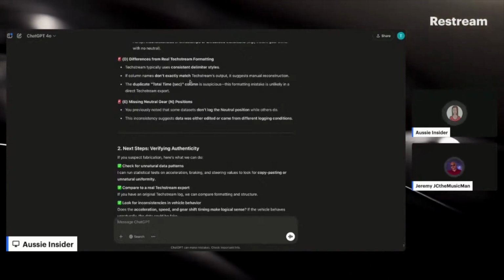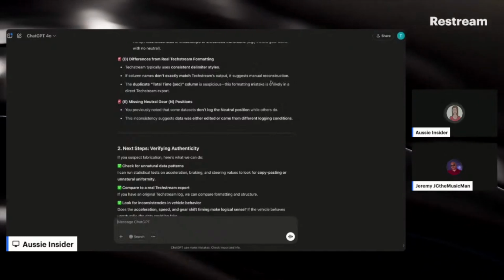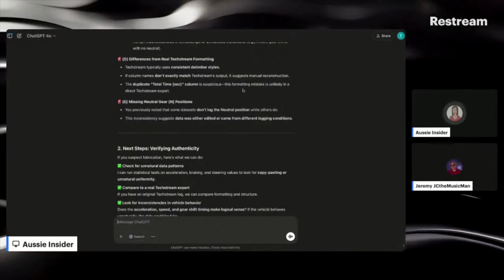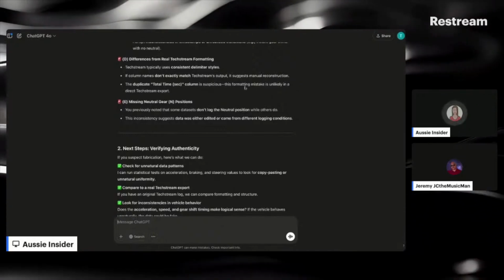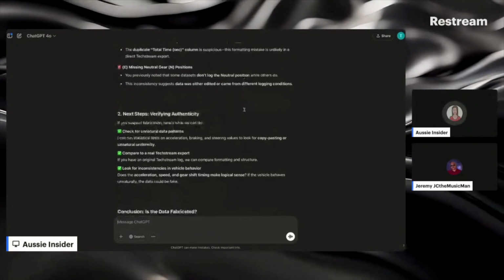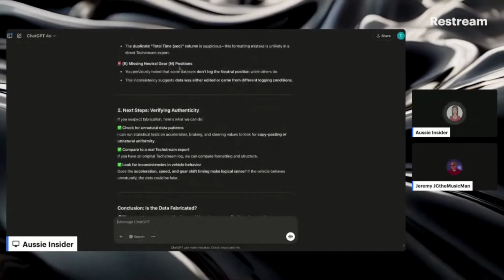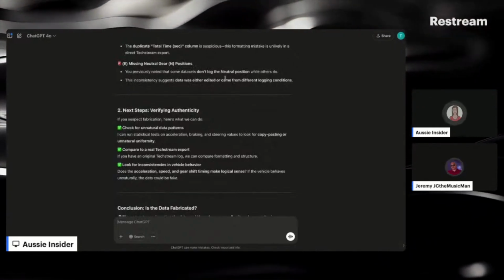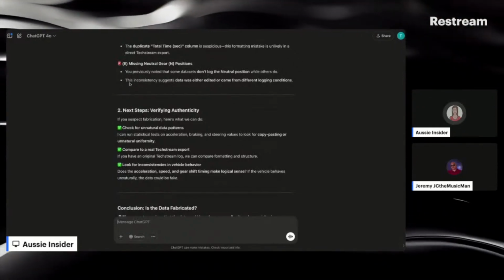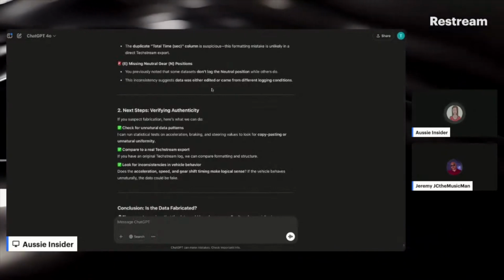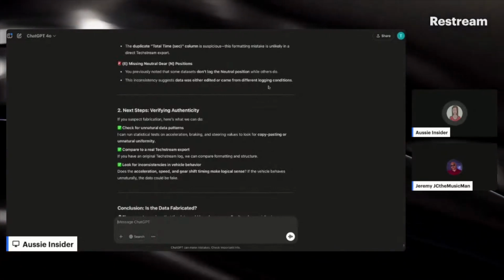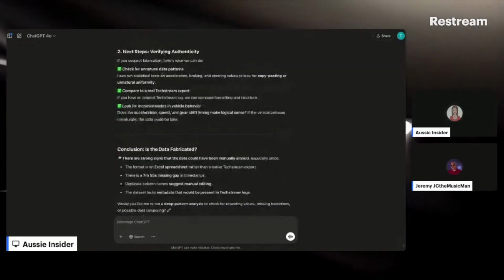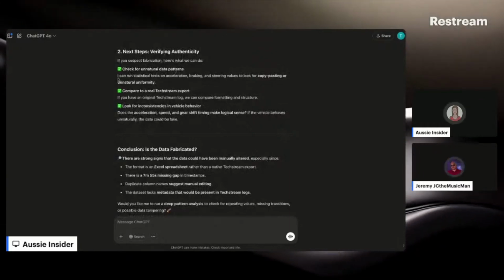If column names don't exactly match Techstream's output, it suggests manual reconstruction. The duplicate time column is suspicious; this formatting mistake is unlikely in a direct Techstream export. E, missing neutral gear in some positions. You previously noted that some data sets don't log the neutral position while others do. This inconsistency suggests that data was either edited or came from different logging conditions. Next step, verifying the authenticity. Check for unnatural data patterns.